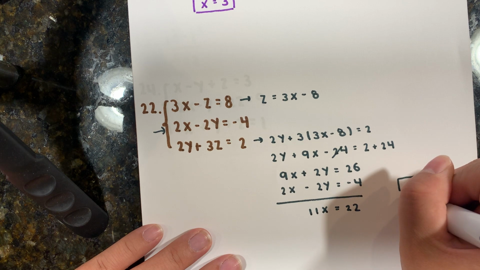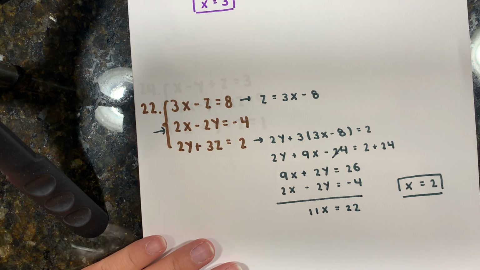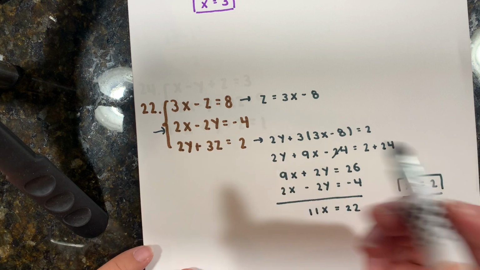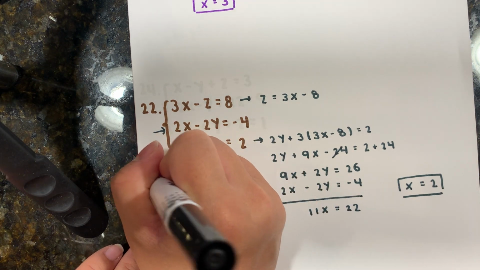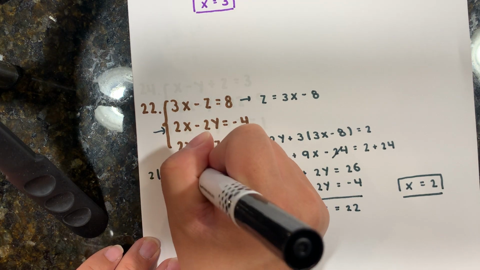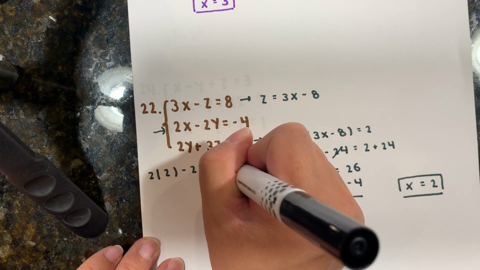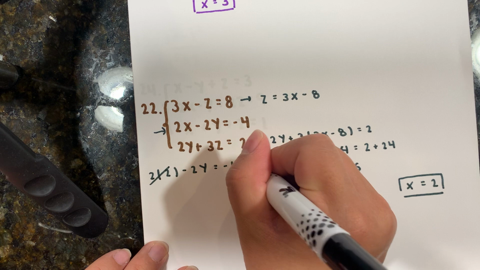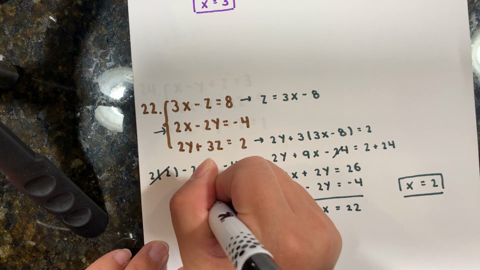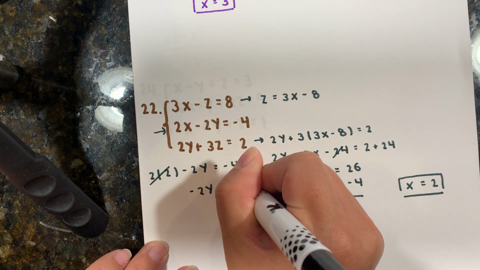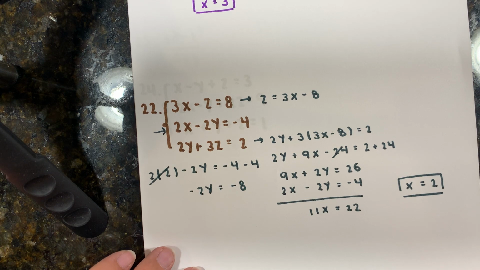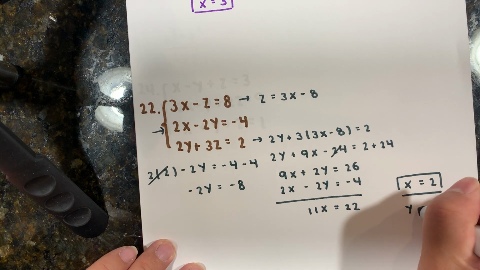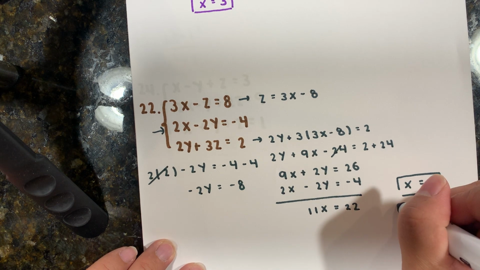Once I know what x is equal to, I can solve for what y is equal to by plugging it into this middle equation. So it would be 2 times 2 minus 2y equals negative 4. So if I subtract 4 from the other side, I get negative 2y is equal to negative 8, which means that y is going to be equal to 4.